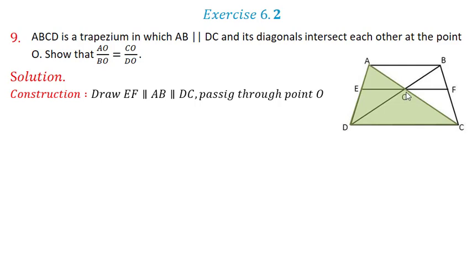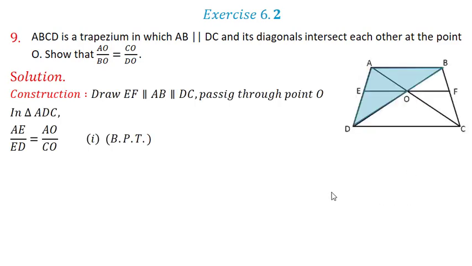We have drawn EF parallel to AB in such a way that it passes through point O, which is the intersection of the diagonals. Now in triangle ADC, EO is parallel to DC. Therefore, by basic proportionality theorem, AE upon ED equals AO upon OC.